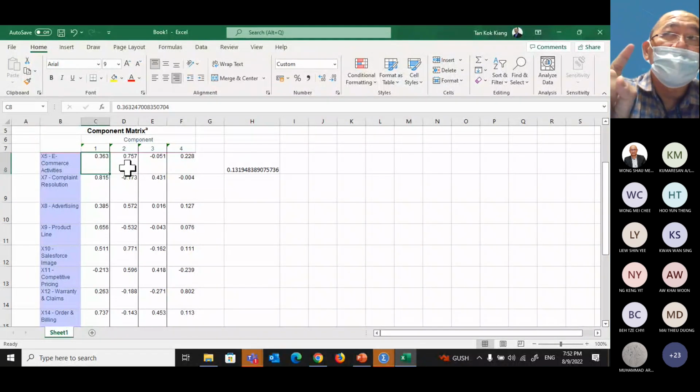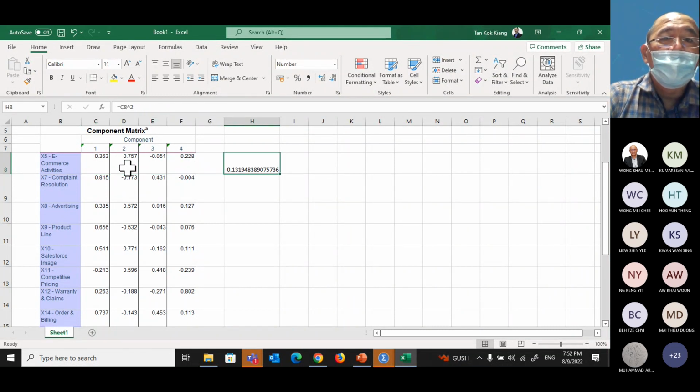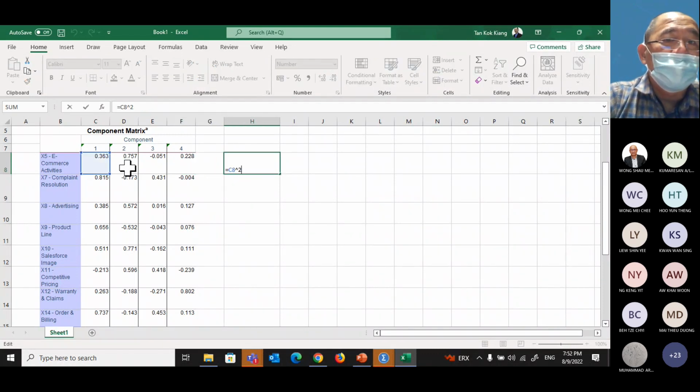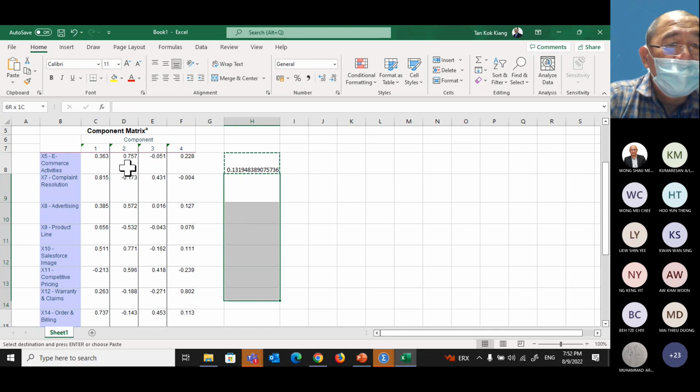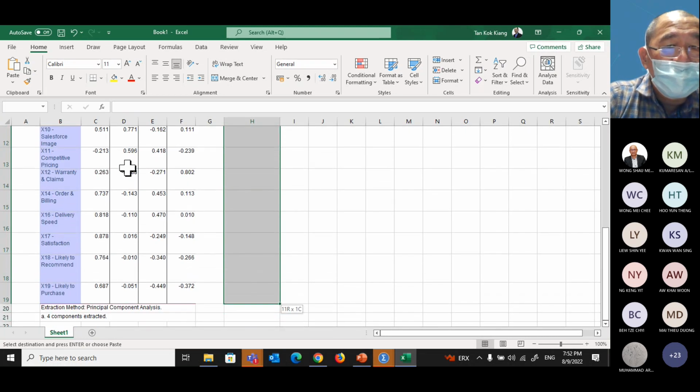You can call it factor 1. Only the name is different, but it's factor 1. So we get the square. This is how they do the calculation. So we square it for all until here.